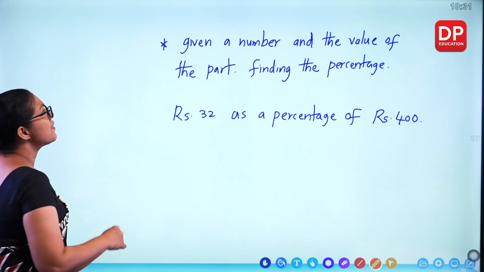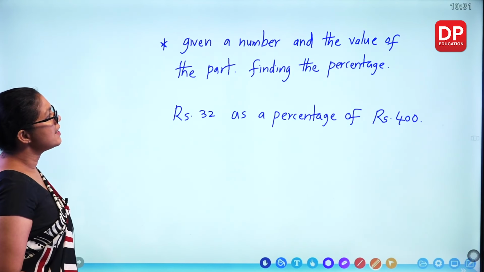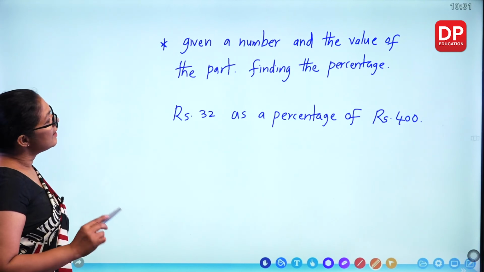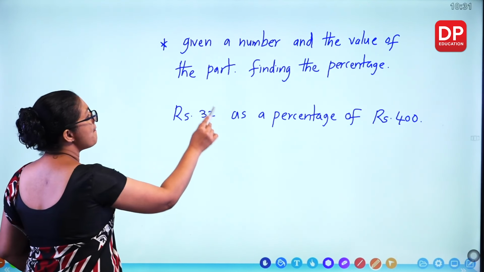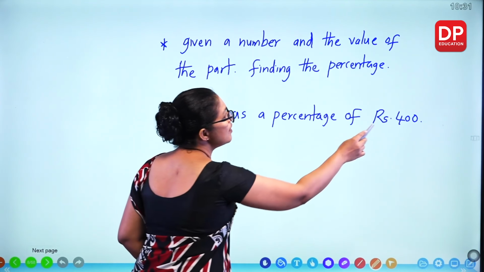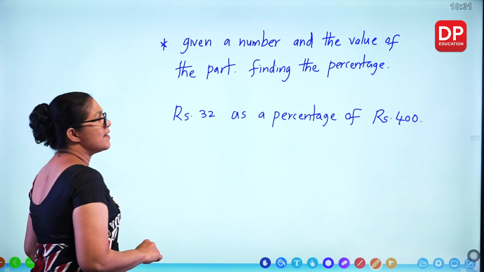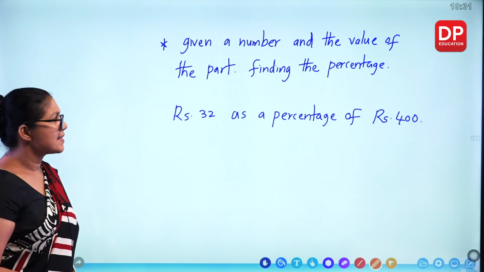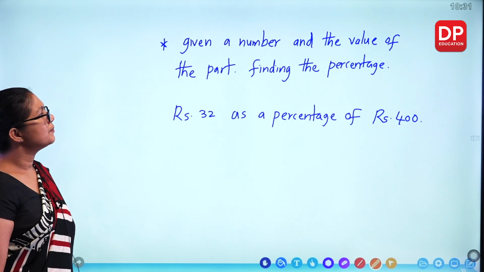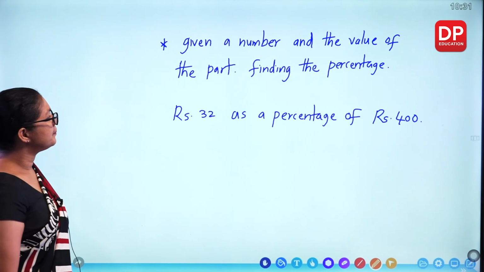Now we'll look at the third way of finding the answer. In this question, part value and the total amount is given. You are asked to find out the percentage of that value. That's the third type.